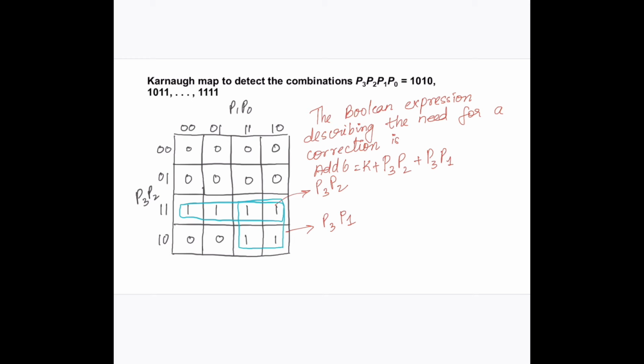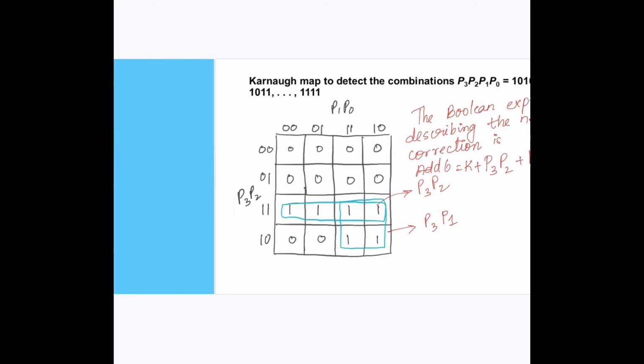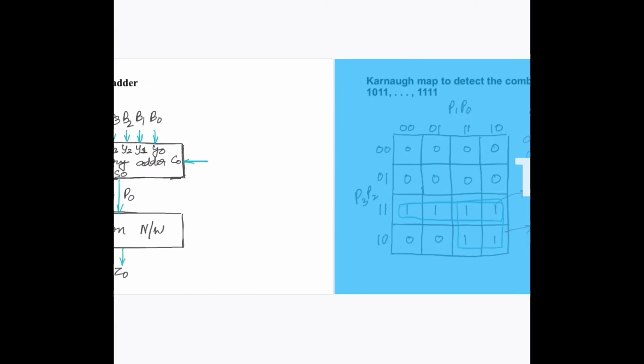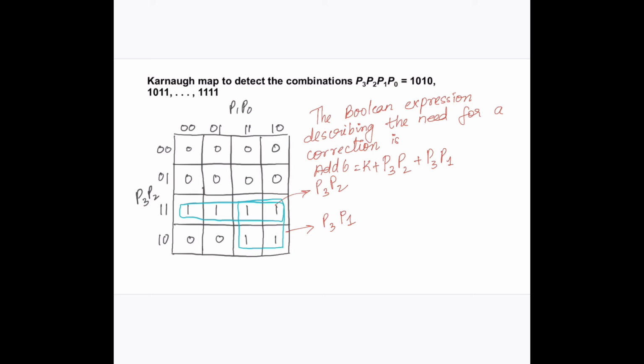If you write the values from the truth table, we can group the terms. This will be one grouping and this will be another grouping. This grouping corresponds to P3, P1, and the other grouping corresponds to P3, P2, plus the other terms below. We have to consider below 15 also, which will correspond to K. So the Boolean expression describing the correction will be: add 6 whenever the expression is equal to K plus P3 P2 plus P3 P1. Any one method can be followed in order to find this.